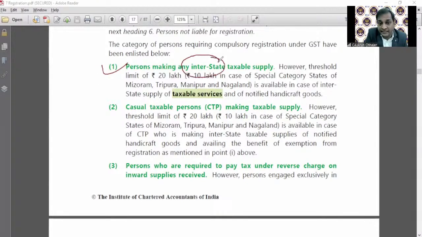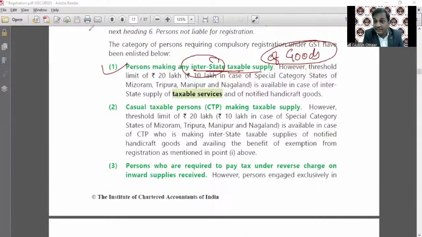If I am making interstate taxable supplies of goods, remember in the initial example, why I was saying again and again, sir, I am making the supply within Delhi, within the state, then the limit would be 40? Because if I am making interstate supplies of goods, the threshold limit would not be applicable. I will be covered in section 24 and need to take compulsory registration.